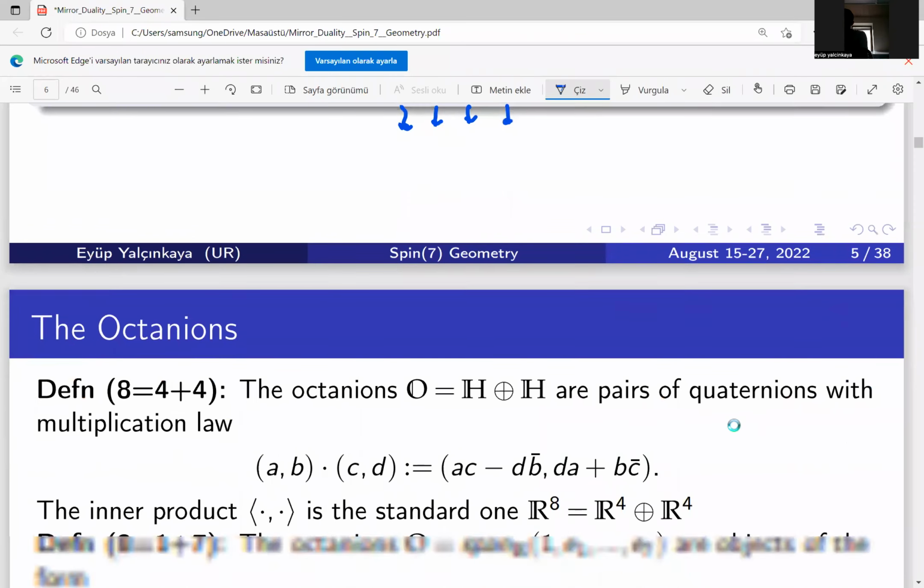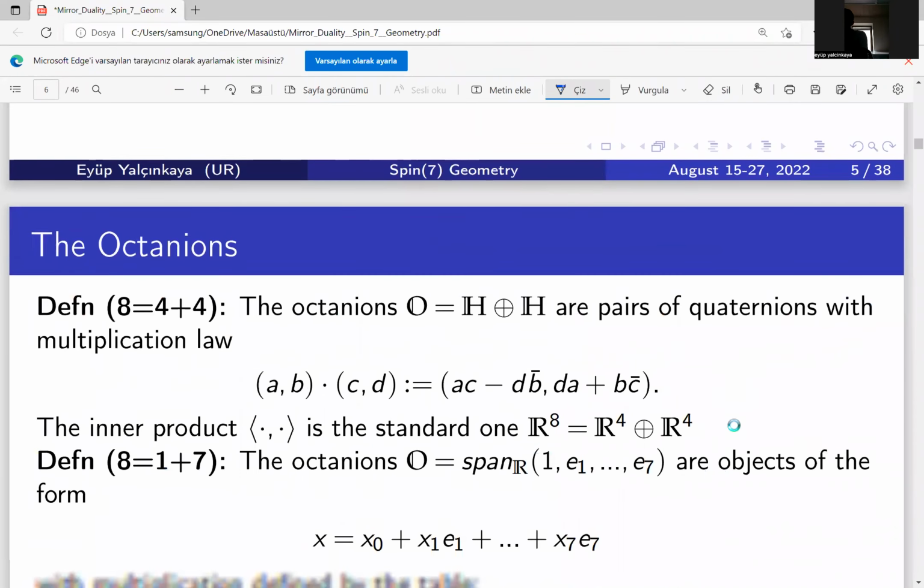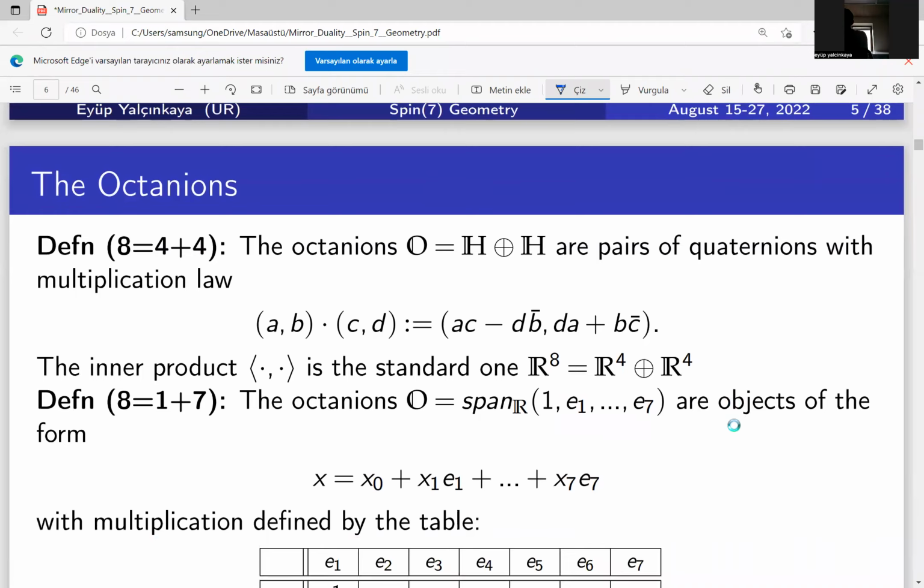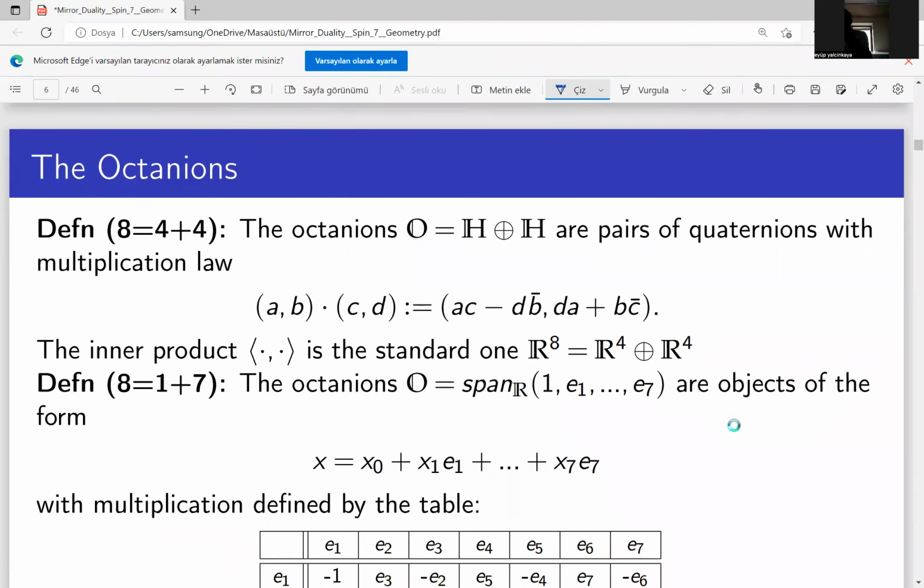Here we mentioned the octonions as induced from the division algebra property. Yesterday we talked about this, A plus A. So if you start with A as the quaternions, you can take the direct product and construct a new type of geometry.